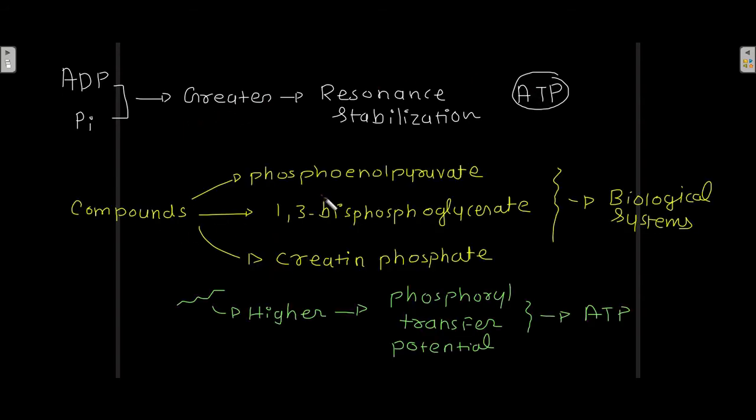Compounds like phosphoenolpyruvate, then 1,3-bisphosphoglycerate, then creatine phosphate, these compounds in the biological system have higher phosphoryl transfer potential as compared to ATP. Okay, these three compounds give more energy when they are hydrolyzed. Okay, phosphoenolpyruvate, 1,3-bisphosphoglycerate and creatine phosphate.